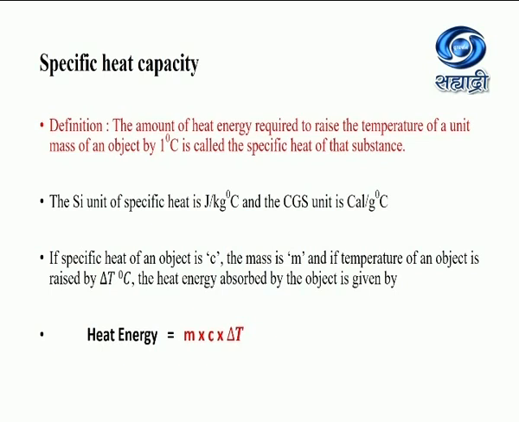The heat energy absorbed by the object is equal to mcΔT, where m is the mass of an object, c is specific heat capacity and ΔT is the difference in the rise of the temperature.